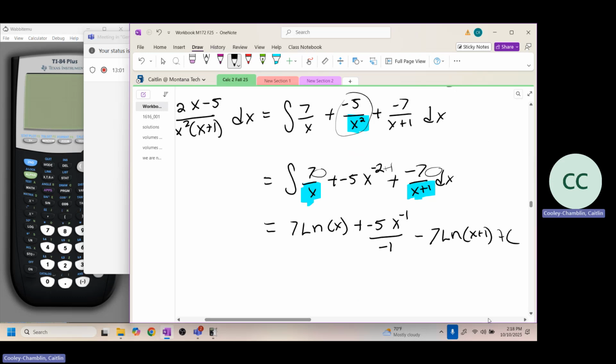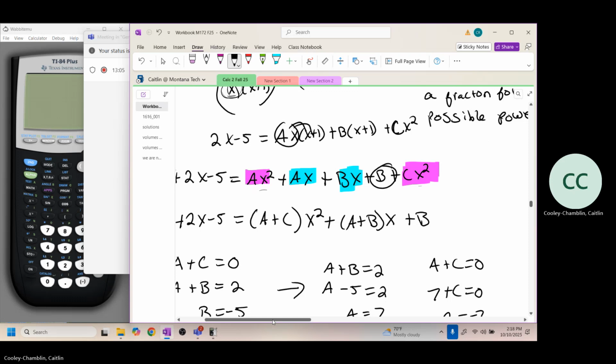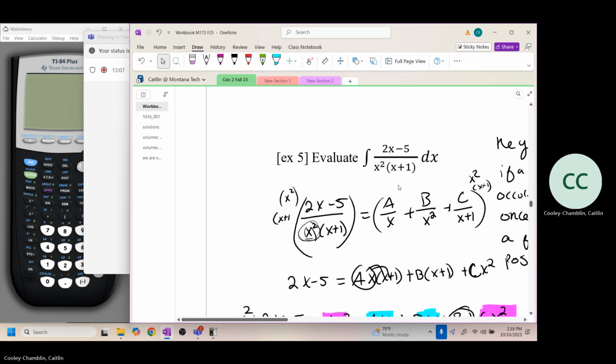Okay. So this one is a little special, mainly because of this x squared. Because it changes how we write our factors out. All right.